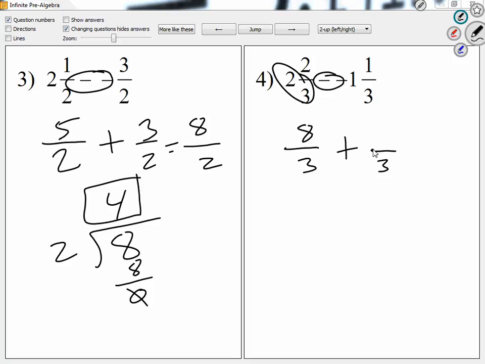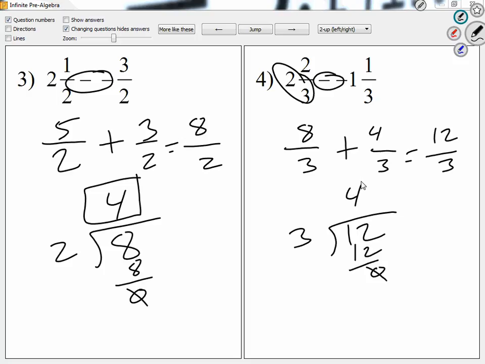What do I write on top? 4. So I know I copy the 3 at the bottom. How much is 8 plus 4? 12. I have an improper fraction, so let me go 12 divided by 3. So how many times? 4. 4 times 3 is 12. There's no remainder, so there is no fraction. Simple.